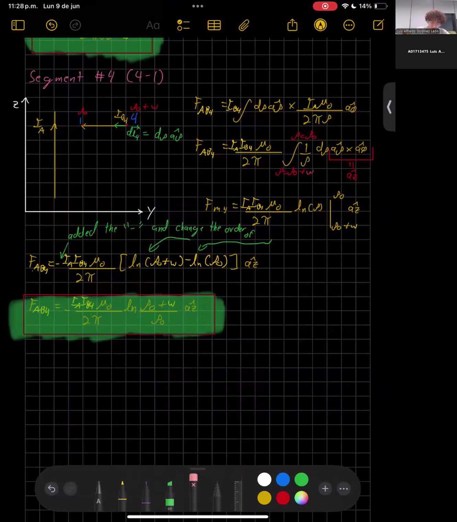At the end we just make this little change. At the beginning, we had the natural logarithm of rho 0 minus the natural logarithm of rho 0 plus w, but we interchange them and add a negative sign at the beginning, so we could apply this property of the logarithms, and it would also be negative as it should be.